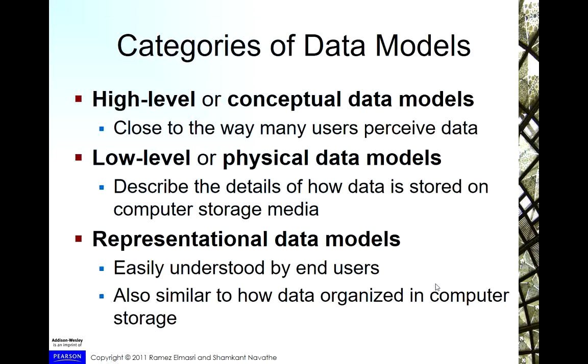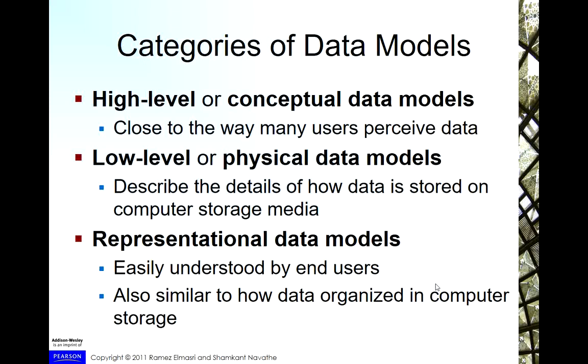But the main categories of data models can be divided into high-level, low-level, and representational models. The high-level model is the way people perceive the data. It is the way that many users look at the data from their own point of view.